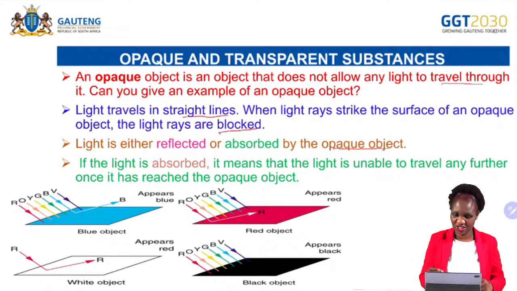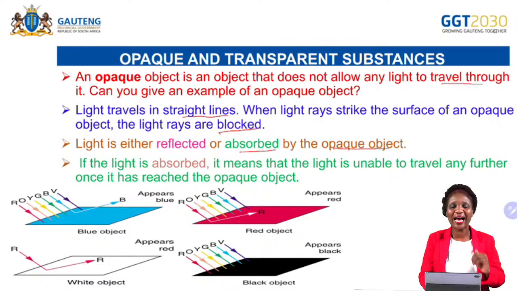Light travels in straight lines. When light rays strike the surface of an opaque object, the light rays are blocked. And then light is either reflected or absorbed by an opaque object. If the light is absorbed, it means that the light is unable to travel any further once it has reached an opaque object.